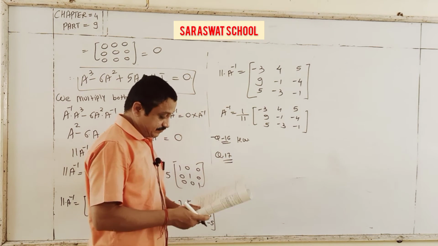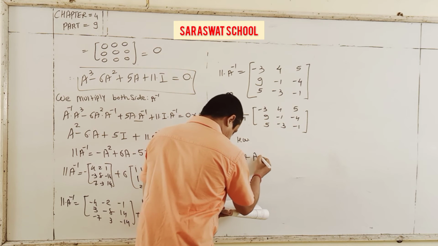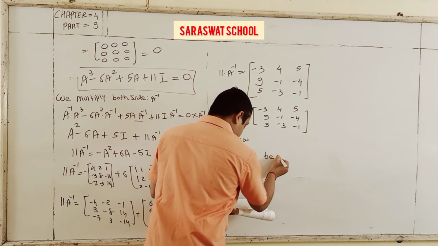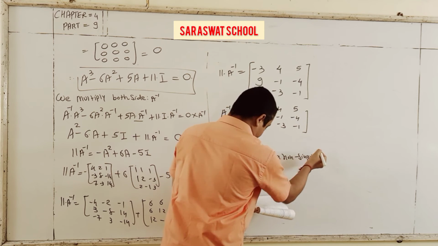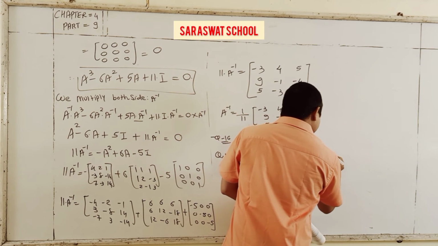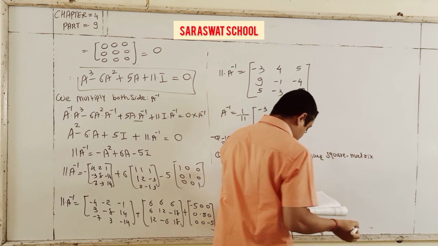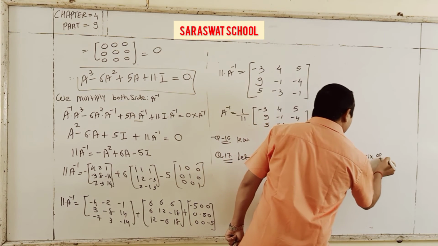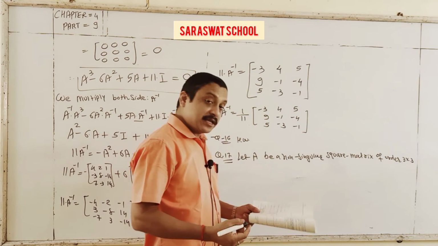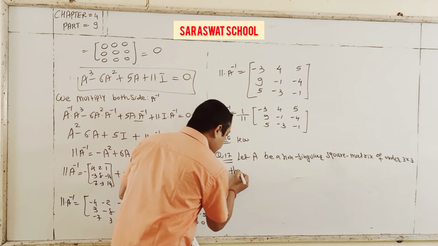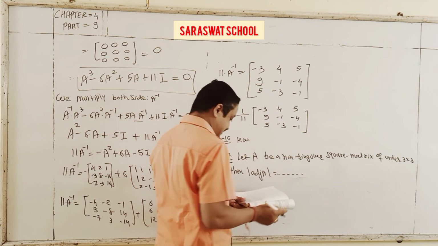Now 17. These two MCQs. Let A be a non-singular square matrix of order 3 cross 3, then adjoint of A is dash dash dash.